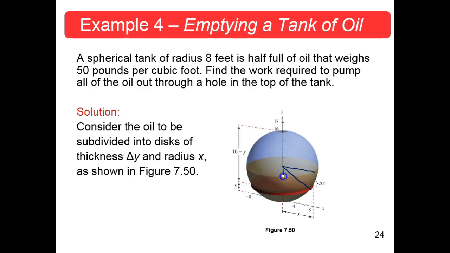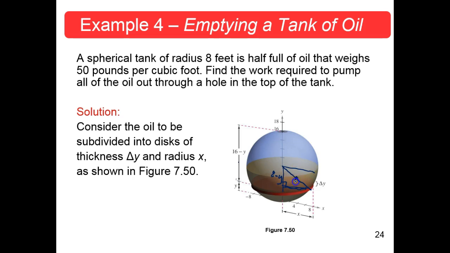What we want to get is this radius, which is here. That's your x that's here. Now, remember this is your y, so this is 8 minus y here. This is a right angle here.